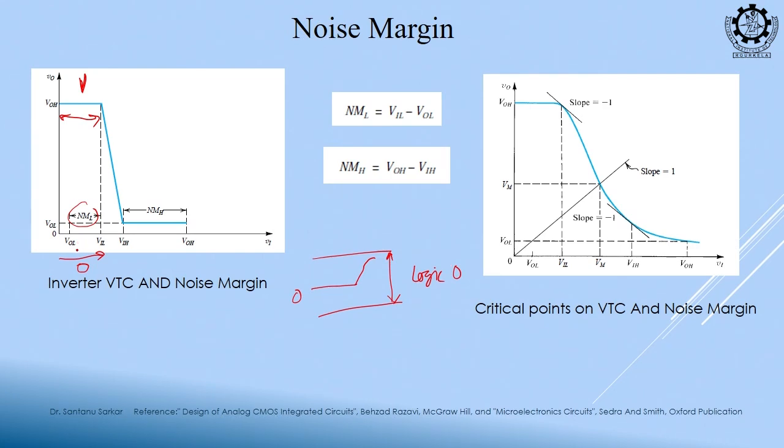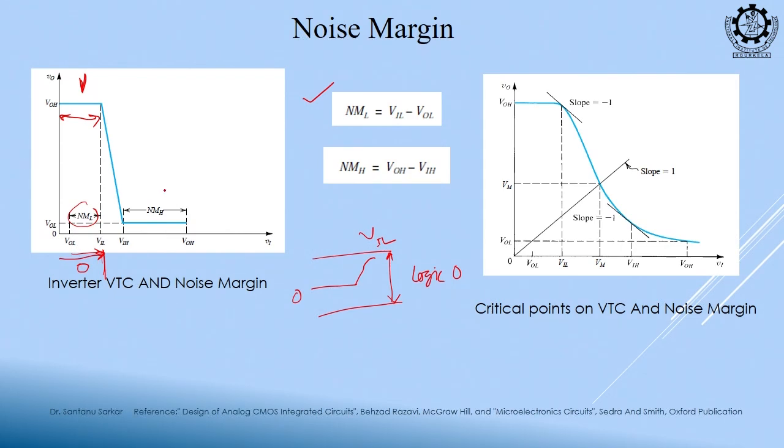So, even if input is increasing, still up to this range or margin, this will be treated as 0. This is known as the noise margin low. I have a margin. The voltage may not be 0, it may be a little bit above 0, but still up to a range it will be considered as 0. Clear?